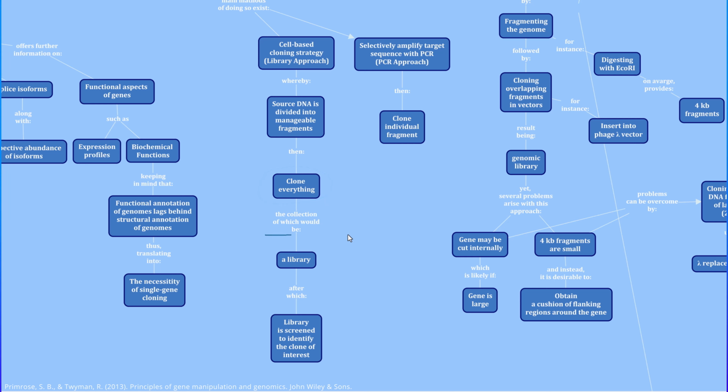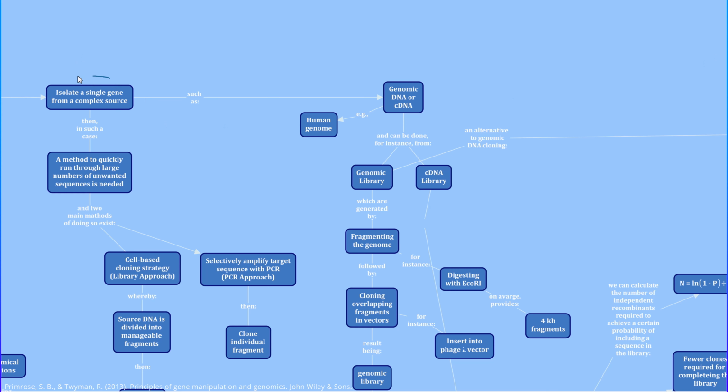The collection of which would be called a library, after which the library is screened to identify the clone of interest. Alternatively, the PCR approach is whereby we clone an individual fragment after selectively amplifying the target sequence with PCR. So when I say that we want to isolate a single gene from a complex source, it could be genomic DNA or cDNA.